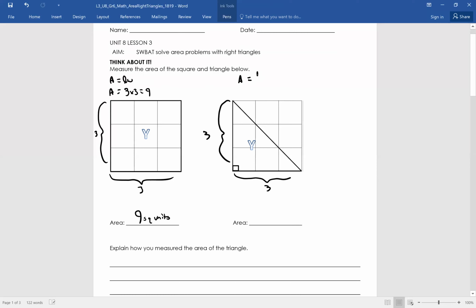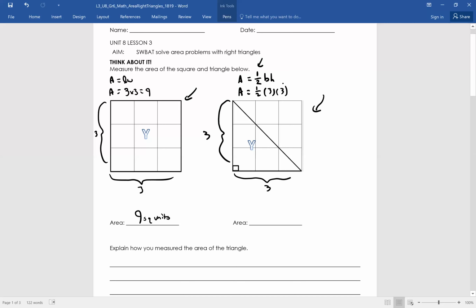So I'm going to go ahead and say that half of, and I'm not going to use length and width, I'm going to use base and height. I'm going to say that the area of this figure, this triangle, will be half of the area of this square, which is why I put the 1/2 here. So let me go ahead and use substitution to figure out what that is. The base is 3.